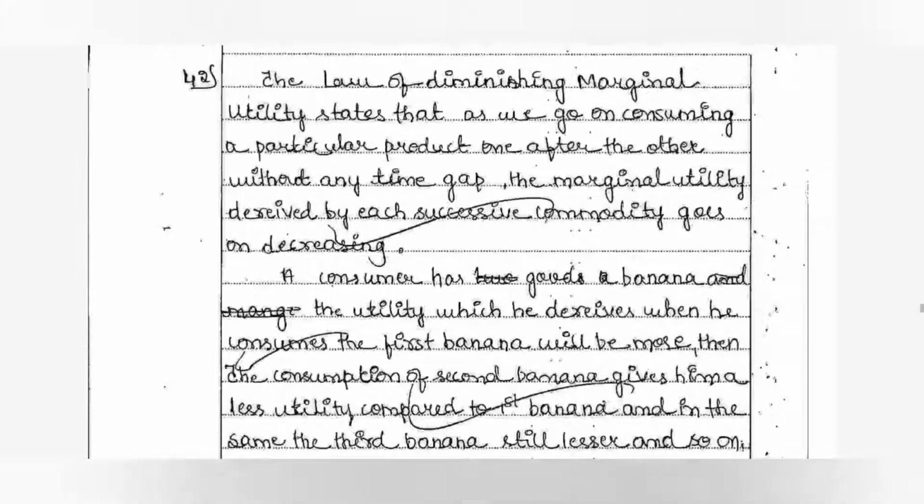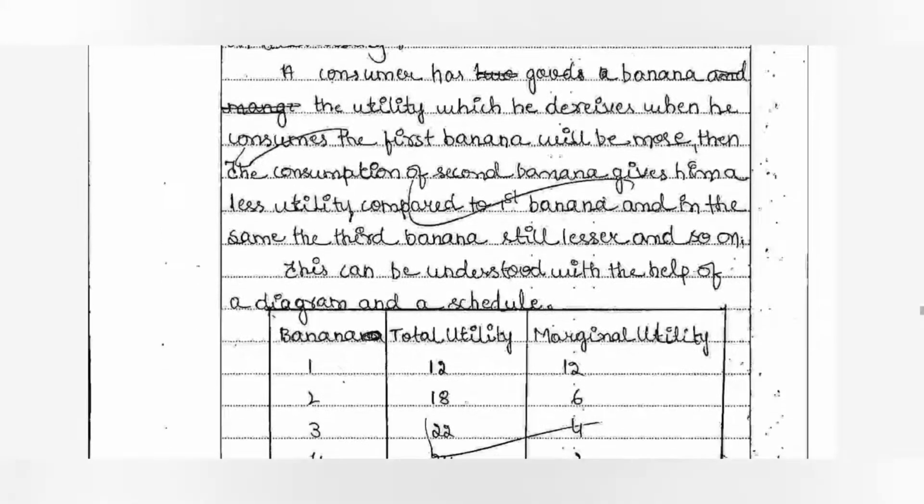So as the consumption increases, the total utility increases, but the marginal utility, the additional utility, decreases, turns into zero and falls into negative. For example, a consumer has a good, a banana.